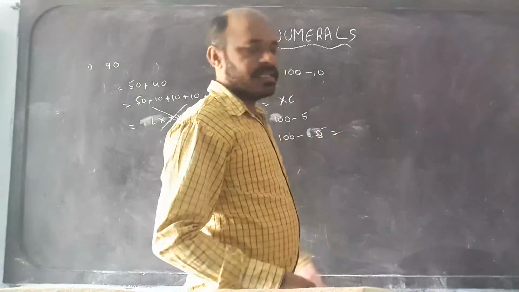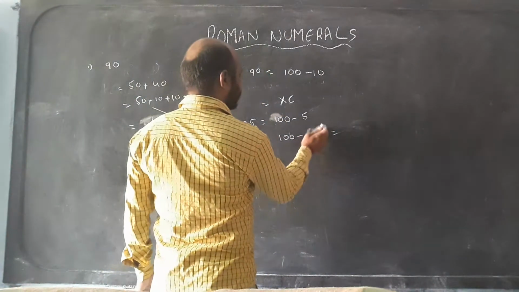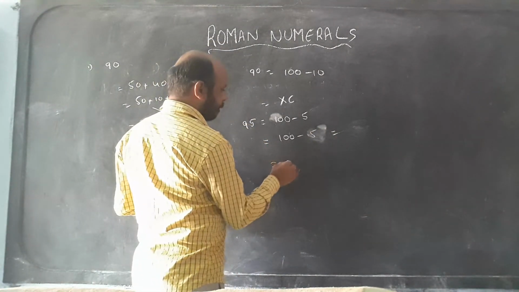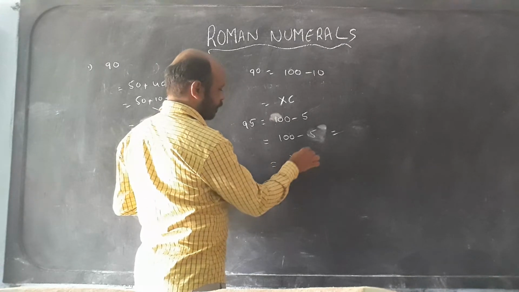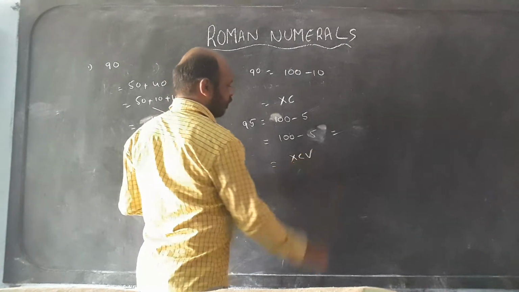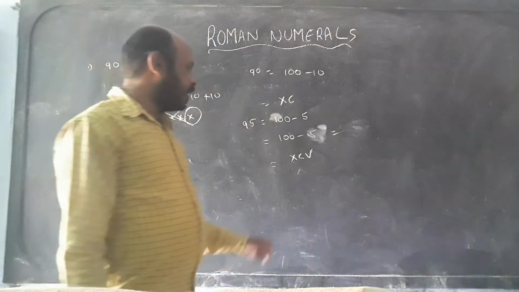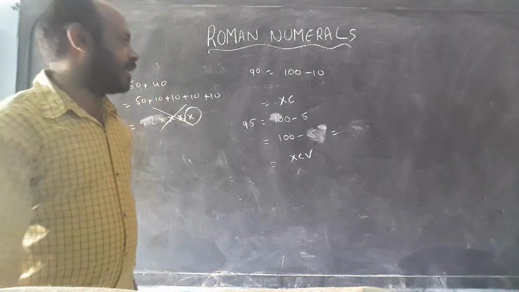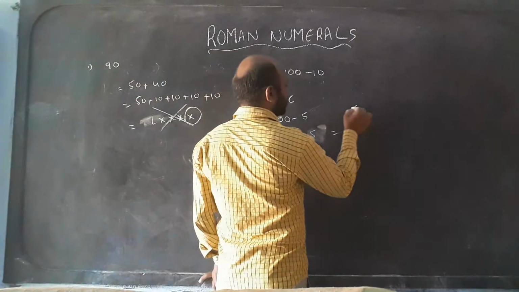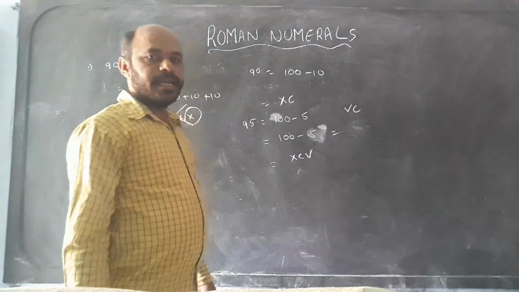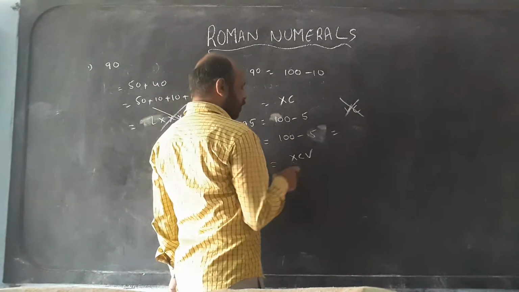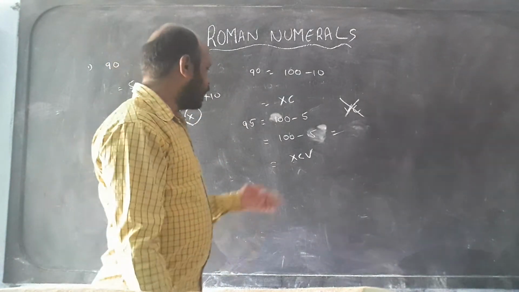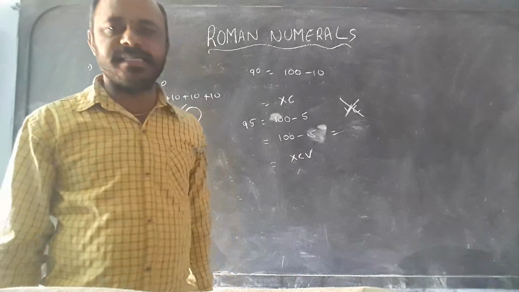But V is never subtracted. V is never subtracted. That's why we can't write 95 like this. This is wrong. We have to write 90 plus 5, which is 95. So the value of 95 is XCV.